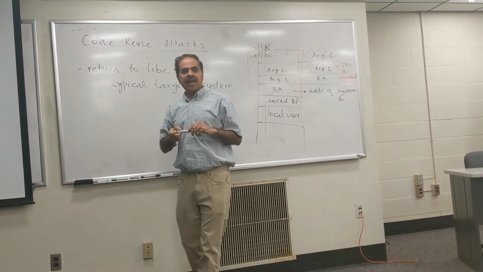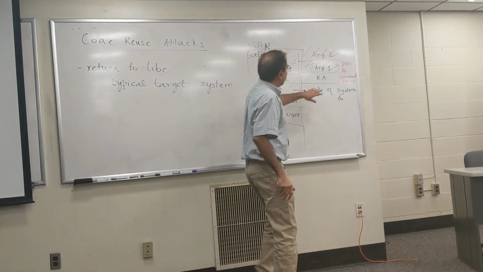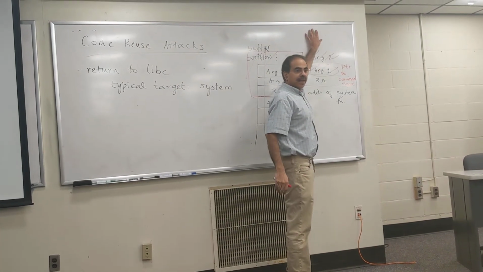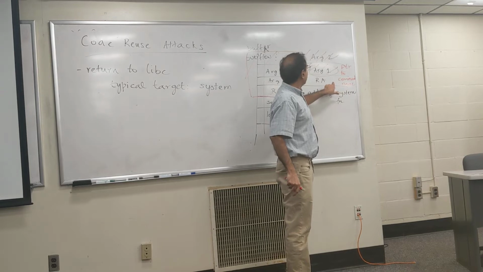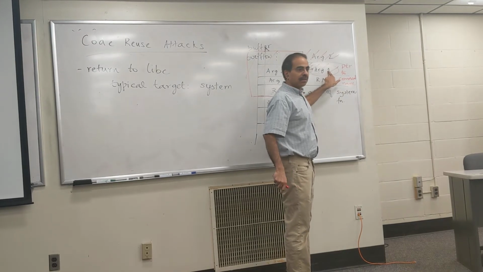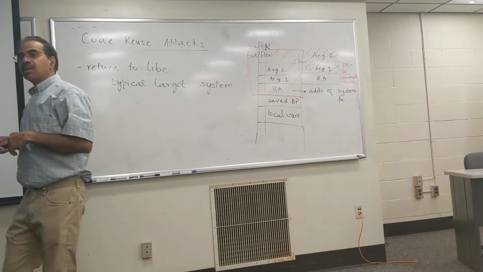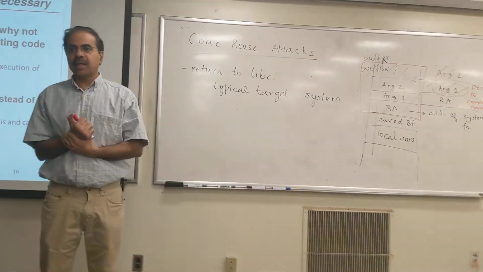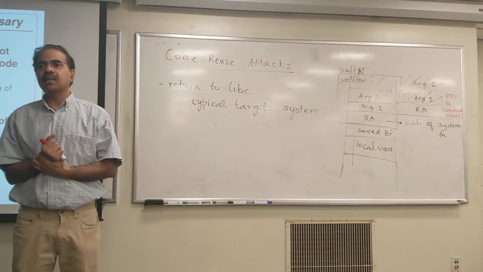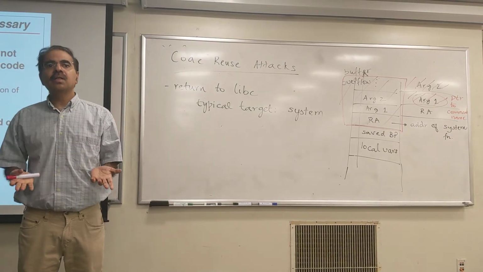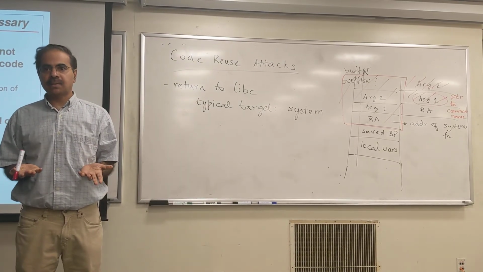So this means that the attacker has to put the command somewhere else over there and store a pointer to that over here, right? This means that the attacker has to figure out more about the exact layout of the program, right? And that means more work for the attacker, right?